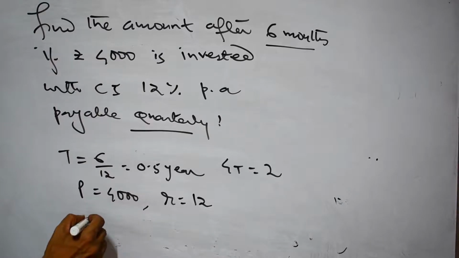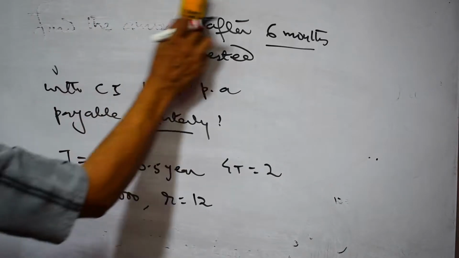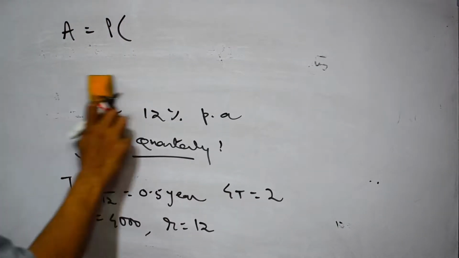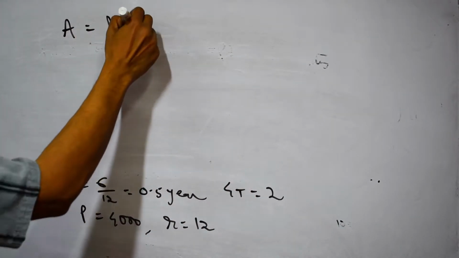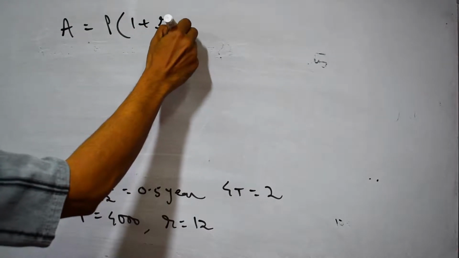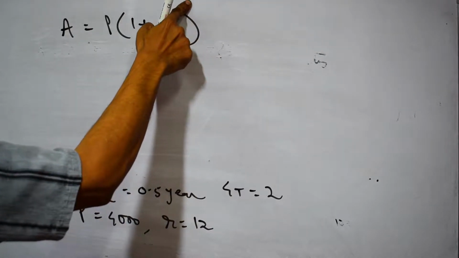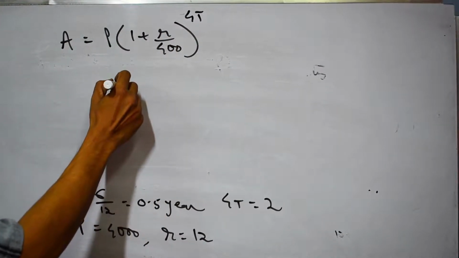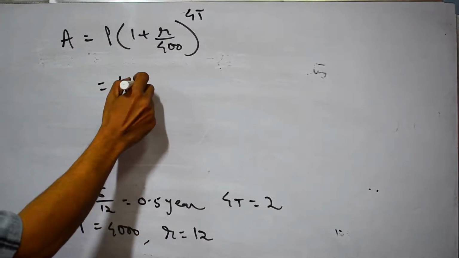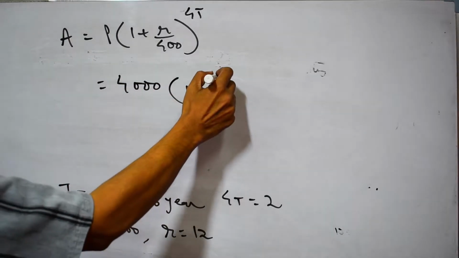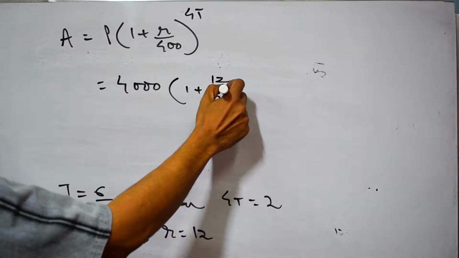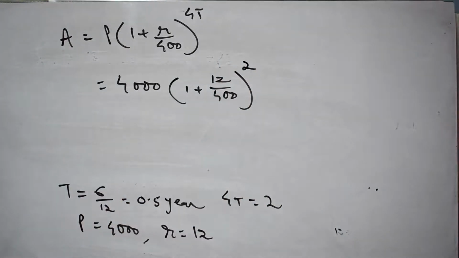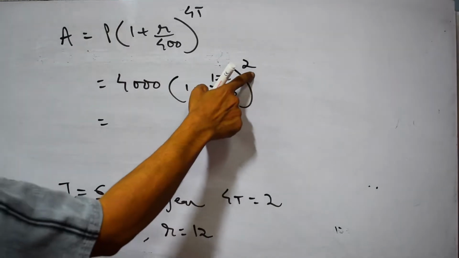So our formula will be A is equal to P into 1 plus R by 400 whole to the power 4T. That is 4,000 into 1 plus 12 by 400 to the power 2, of course 3 months interest, that means 6 months it will be 2 times.